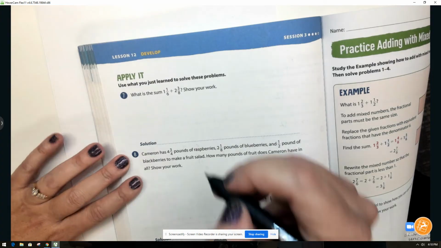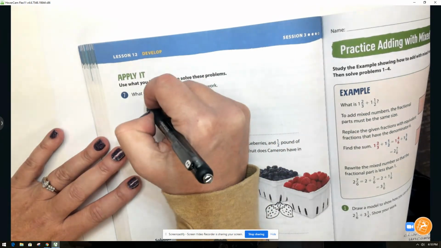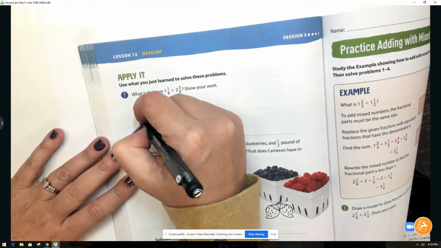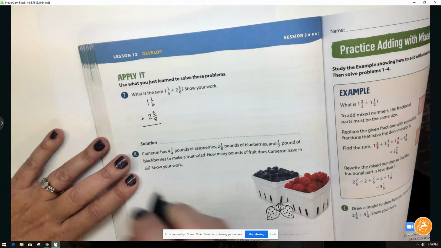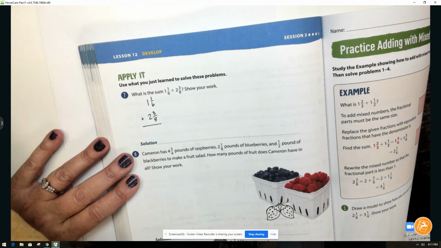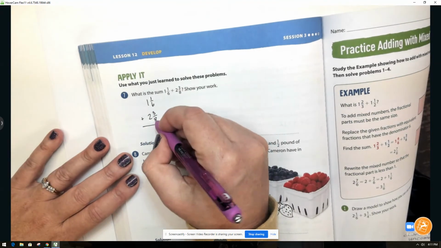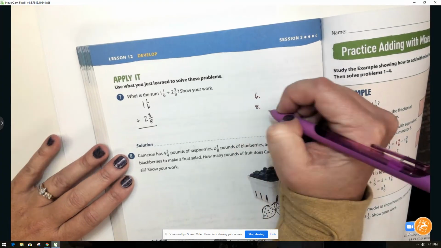All right, so I'm going to go ahead and show you how this works. What you're going to do is first write this in sandwich formation: 1 1/6 plus 2 3/8. Next, you're going to find the lowest common multiple of 6 and 8. Over here, I like to give myself room to work.